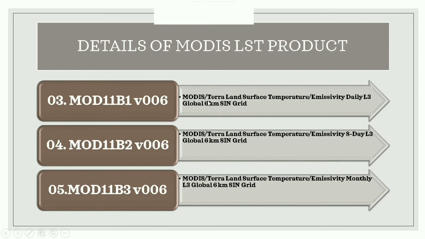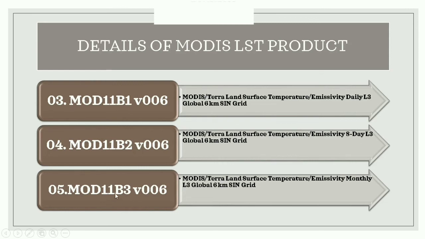Within any day you can get this product. So this is also very useful for everyday analysis. Now the second, MODIS 11B2 product, says land surface temperature and emissivity 8 day. Resolution is the same, but here it is daily, here it is 8 day.